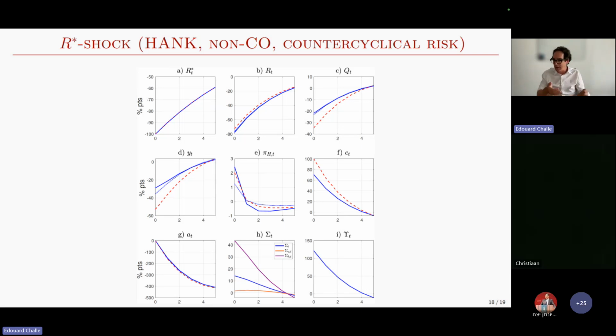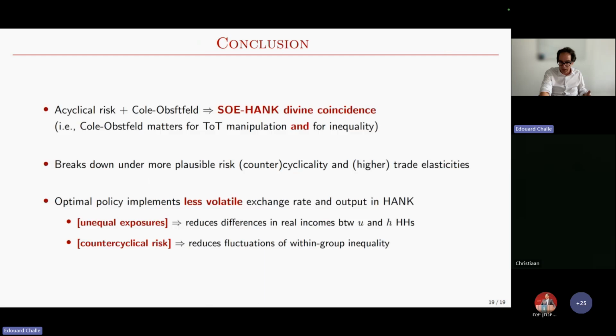So following a capital inflow, it's true that the real price of home goods appreciates, but people are moving away from home-produced goods so much that national income collapses. And if national income collapses, then the consumption of hand-to-mouth people collapses. Okay, that's the real income channel of Auclert et al. And you want to mitigate the extent of this real income channel.